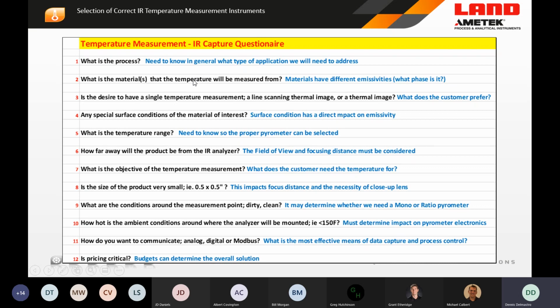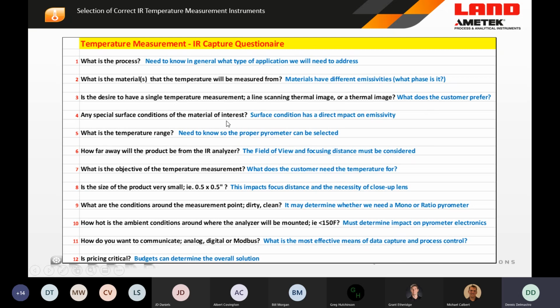Number 2, what's the material that the temperature will be measured from? Well, materials have different emissivities. I mentioned that. And the phase, are we liquid or solid, can be an issue. The customer, do you desire to have a single temperature measurement, like a pyrometer, or a line scanning thermal imager, or thermal imager in general?